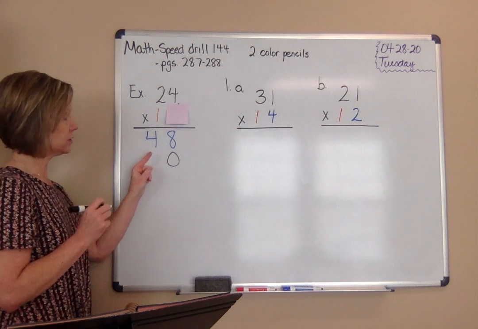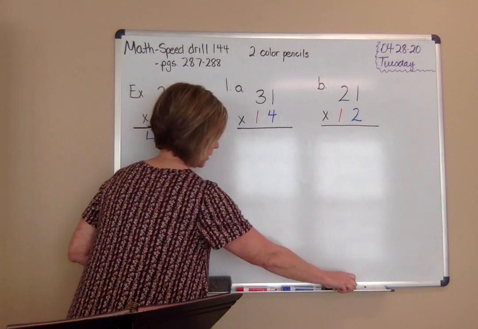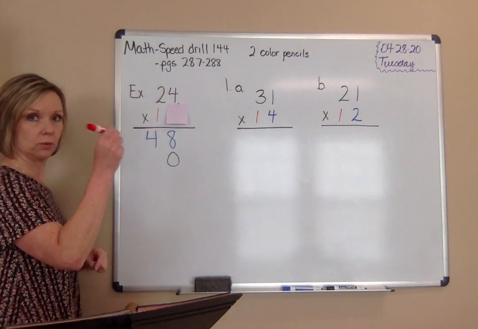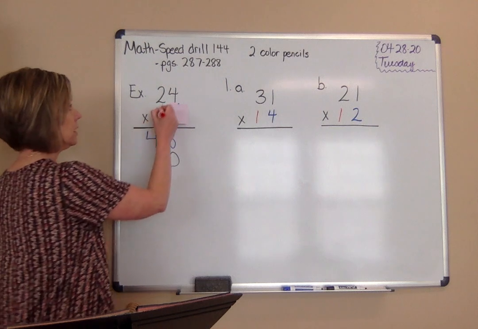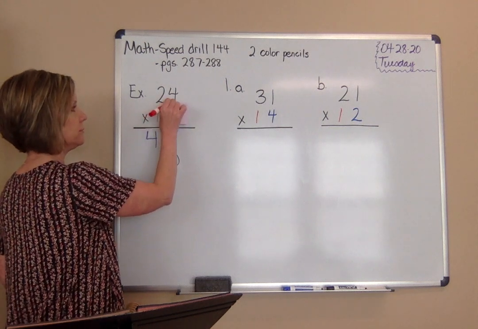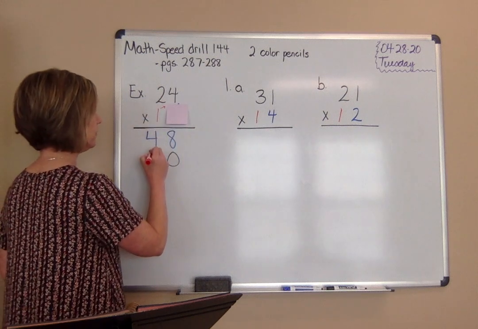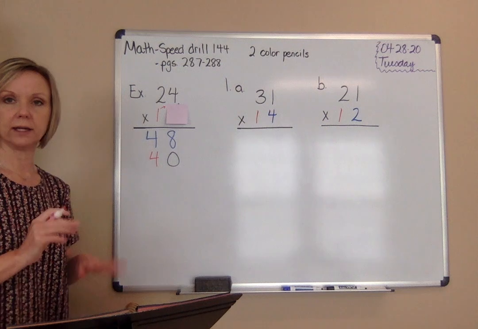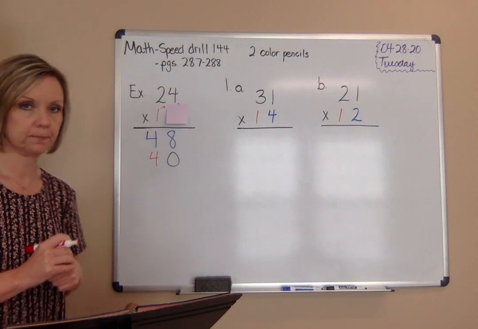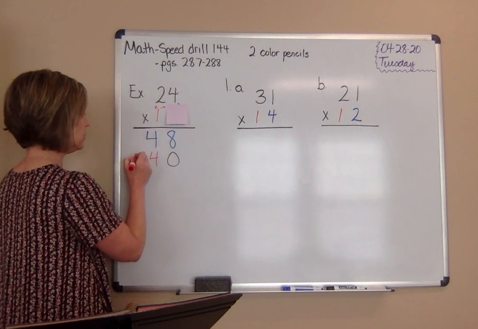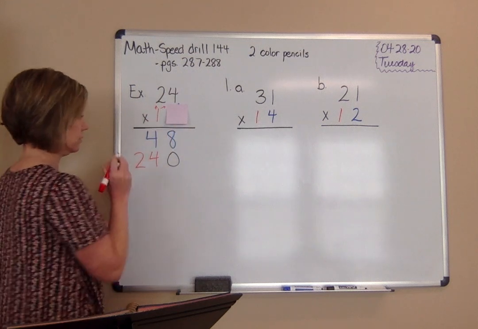All right, so I'm going to come up. I have my 1 in red, so I'm going to use my red here. 1 times 4 equals what? 4. I'm not even tempted to put it under the 8 because I already have my 0 there. Now I'm going to come up. 1 times 2 equals 2.